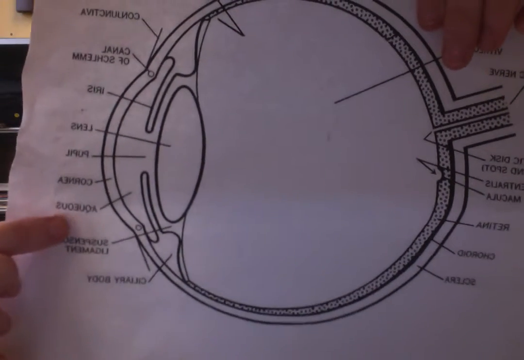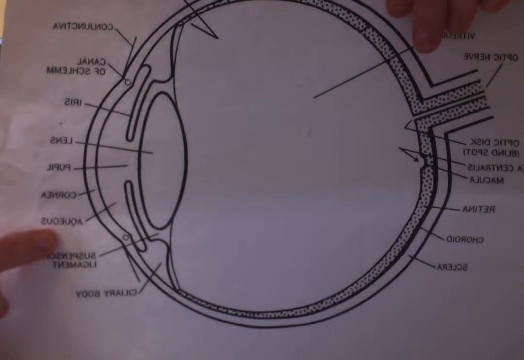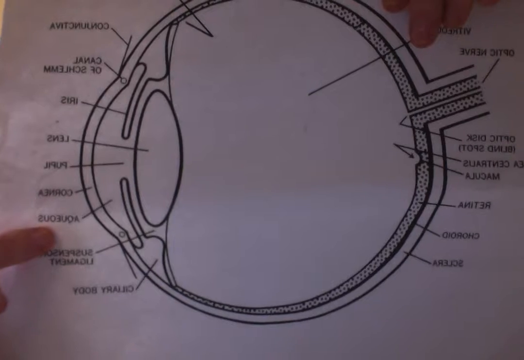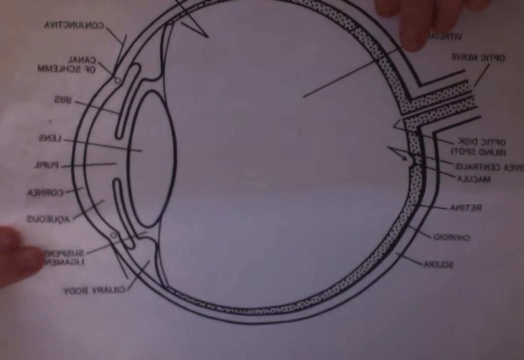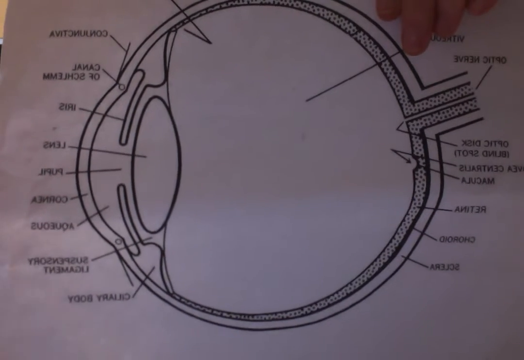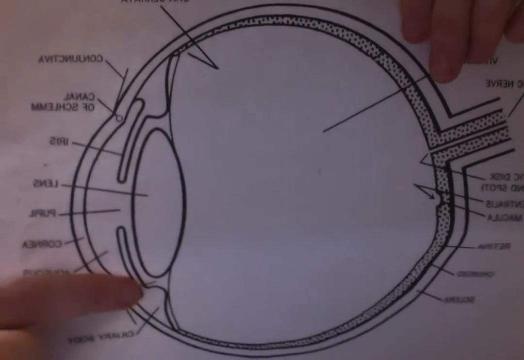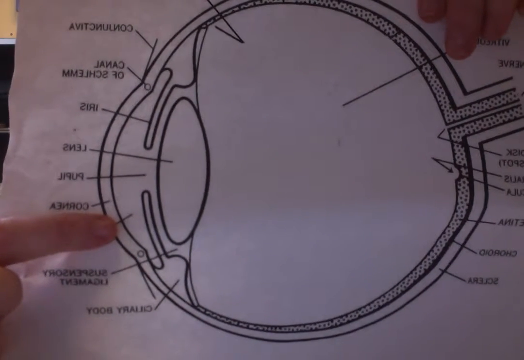All right, and now we have the aqueous humor, and that's the clear fluid that fills the space in the front of the eyeball. So it's between the lens and the cornea, and it provides nutrition to other parts of the eye.